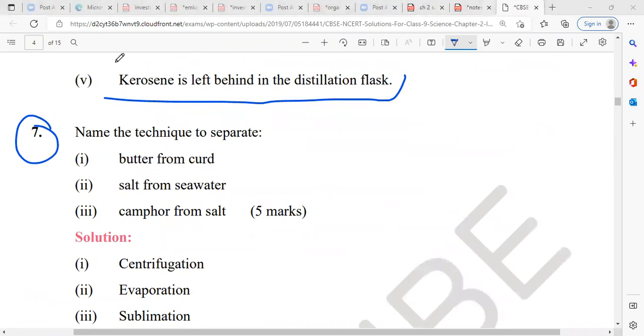Write the fifth point, then we'll discuss the seventh point. Done, ma'am.